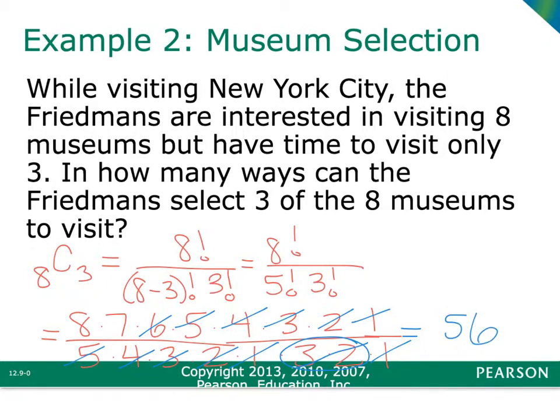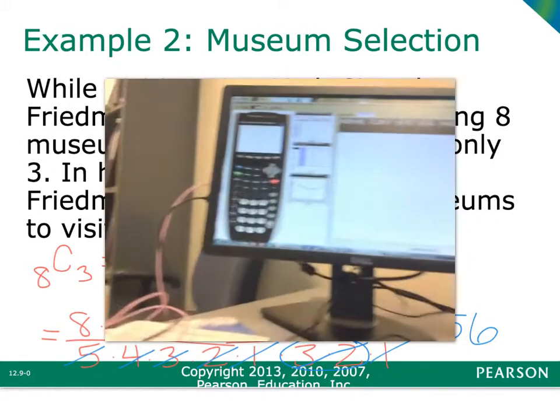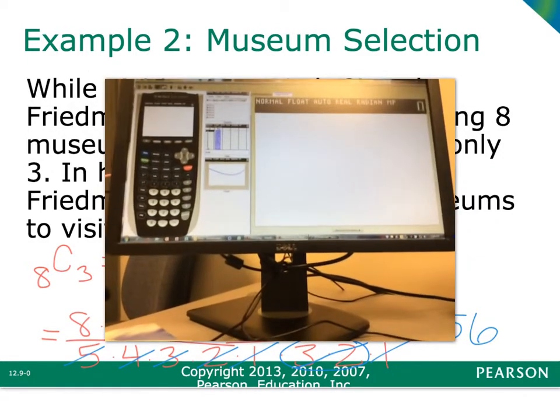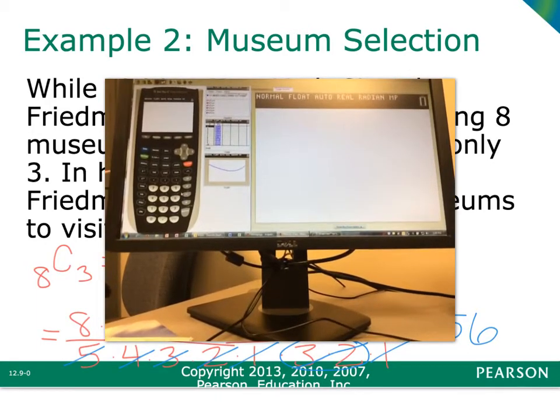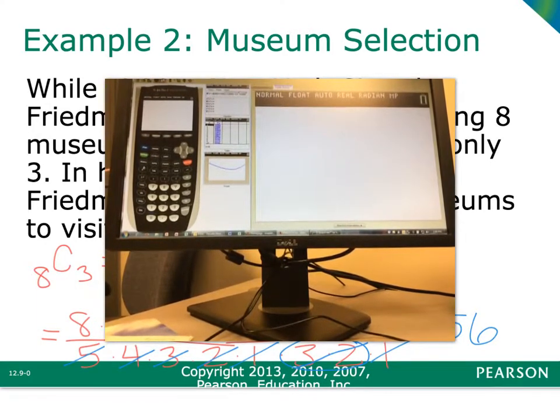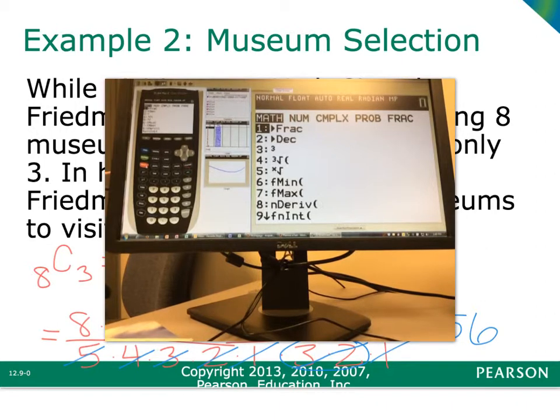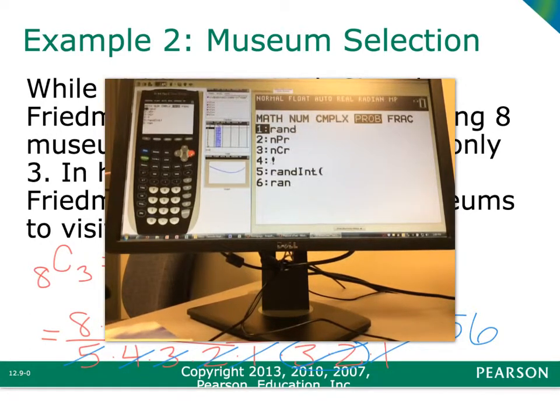I personally don't like to do it by hand. I prefer to do it with my calculator, so I'll show you how to do that. I have my calculator pulled up here for you. You hit the button on the left that says Math. You need to go over to the probability menu, which is 3 clicks over.